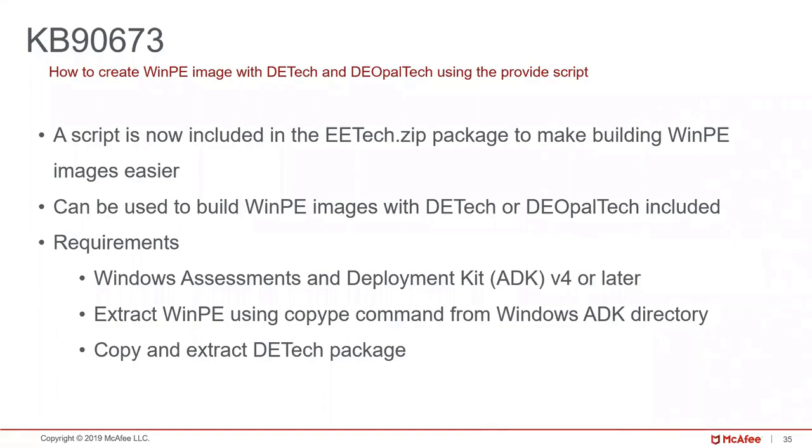Building the WinPE, regardless of method, will require the presence of the Windows Assessments and Deployment Kit version 4 or later. We'll also extract the WinPE folder from that DETech as before, and then we will create a copy of the PE environment to be used for the build.